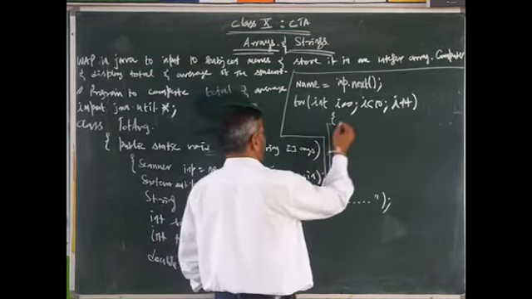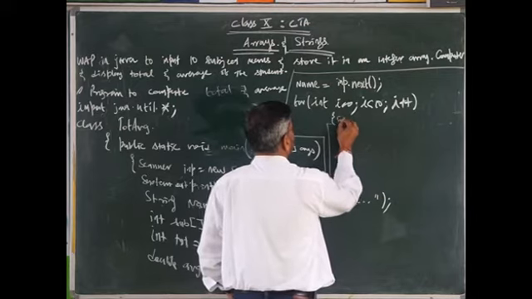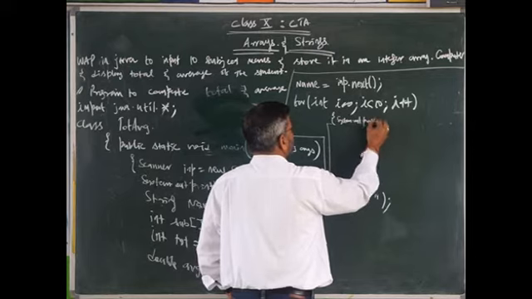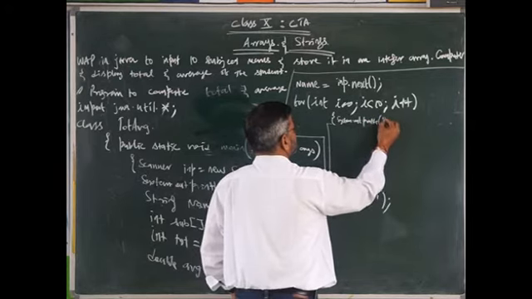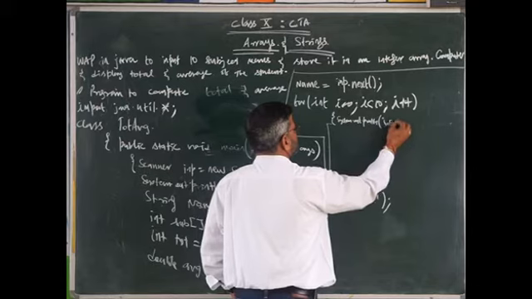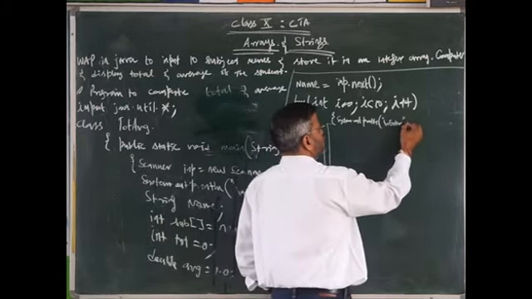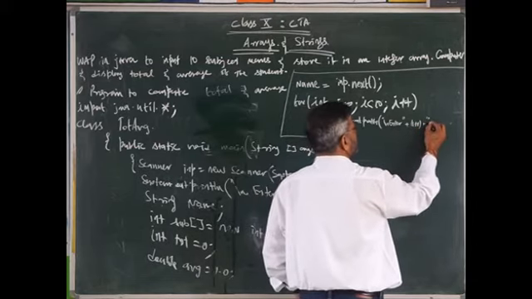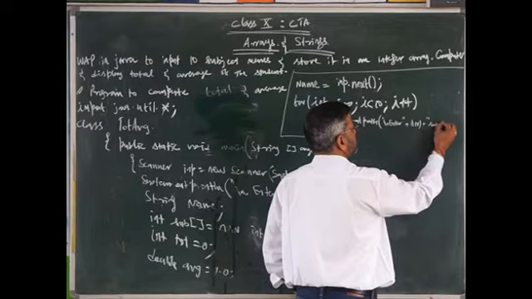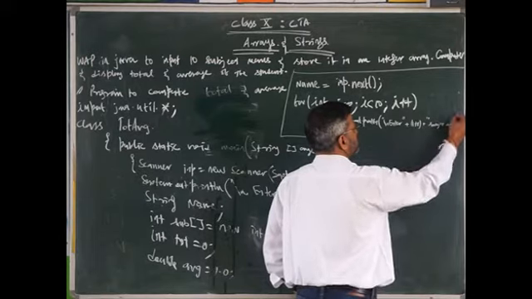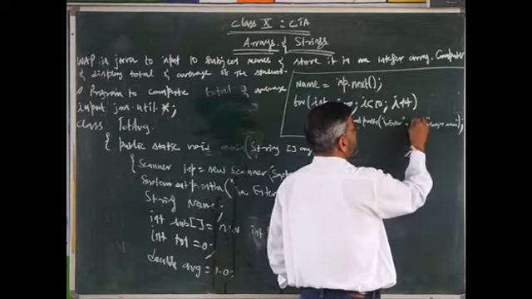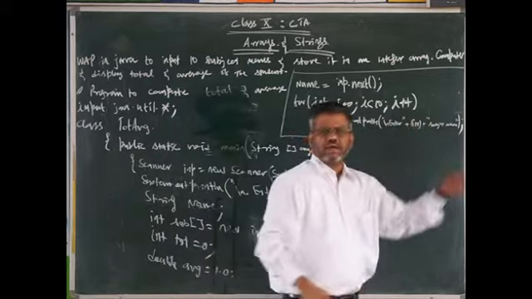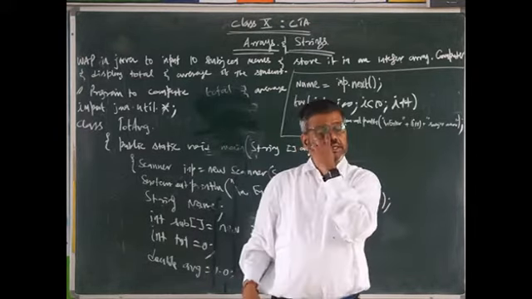System.out.println enter i plus 1. What is the i value? 0. 0 plus 1. Enter 0 subject mark, enter 1 subject mark, enter second subject mark, enter 9 subject mark.